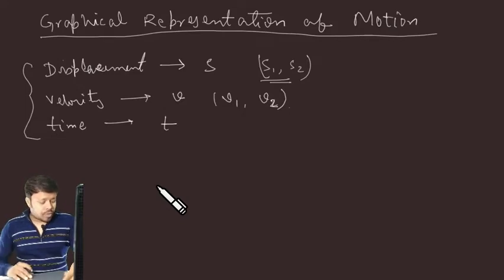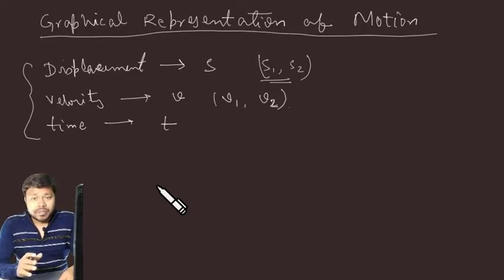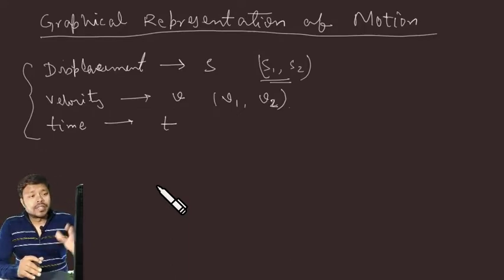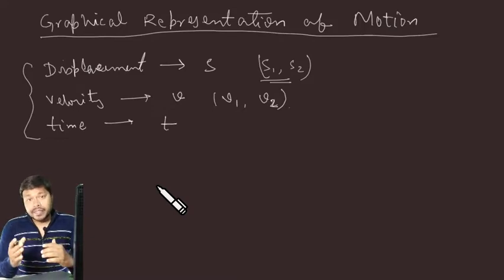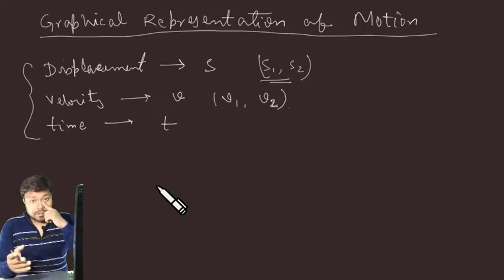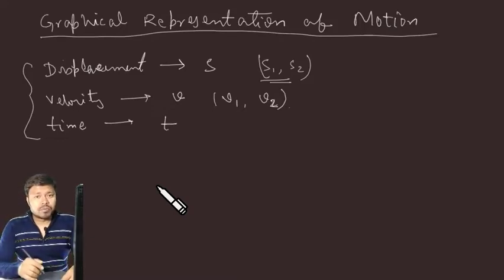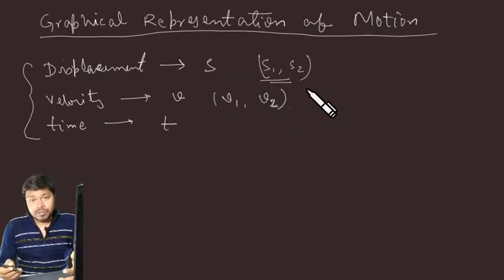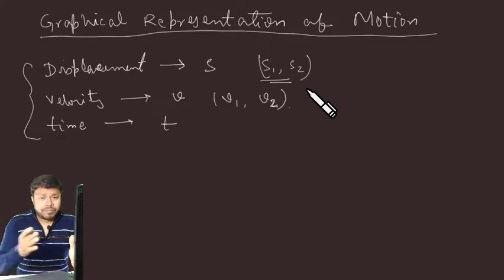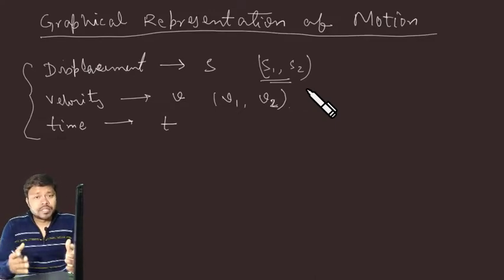One thing we have seen is that time is kind of common in all the variables. If you represent displacement, you have to talk about the position of a body at an instant of time, right? So there is also time. Then velocity is the rate of change of position, so basically the final position minus the initial position divided by the time interval.